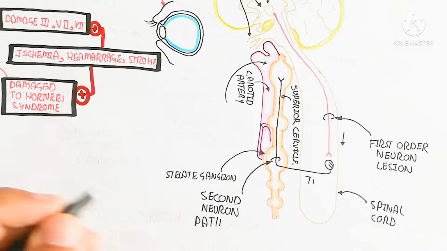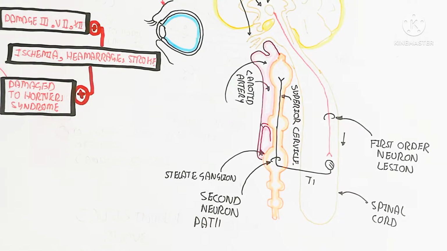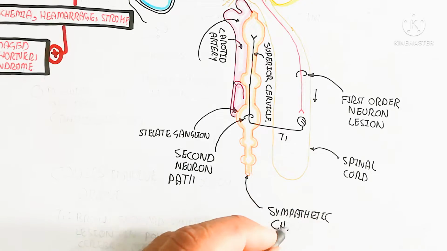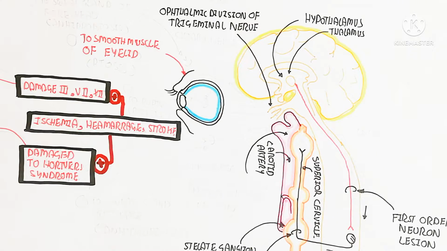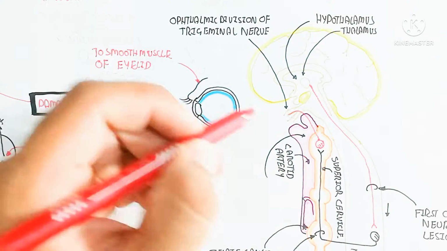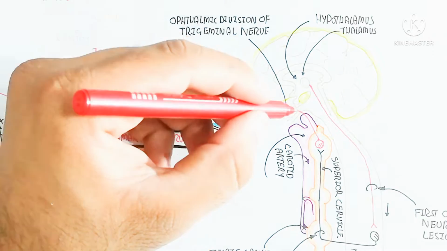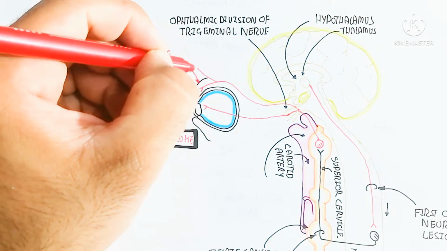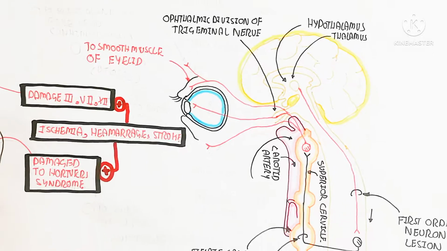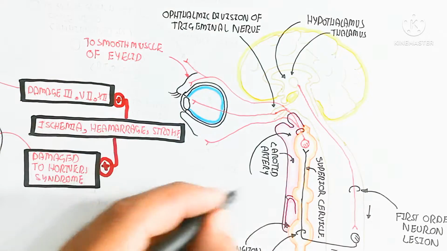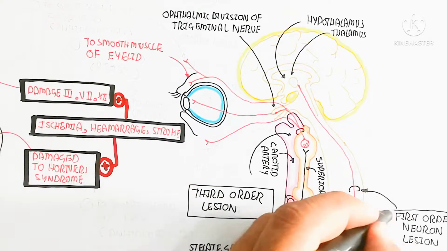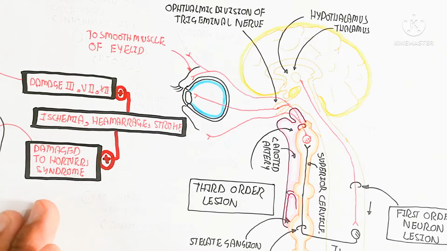This is the spinal cord, and in this way we go to the second order neuron, the sympathetic chain of ganglia, from which the nerve arises and moves to the third order neuron, shown in red in the figure. The carotid artery supplies blood to the sympathetic chain of nerves. So when the blood supply is not sufficient, damage is possible.